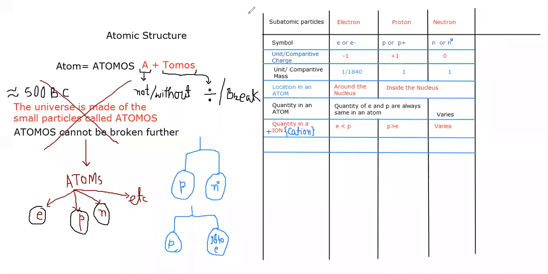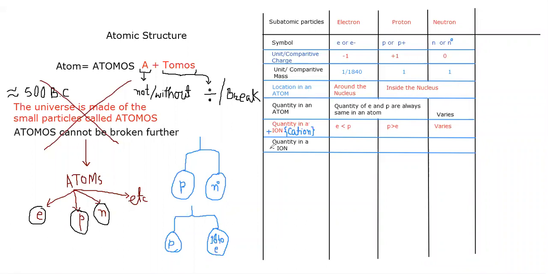But when you talk about quantity in a negative ion, what about this? The quantity of these subatomic particles in a negative ion, I'm using the term here again.